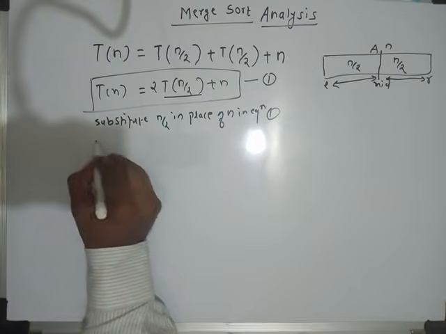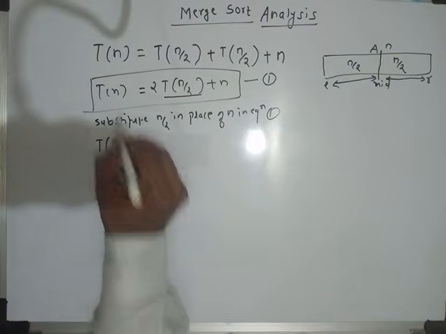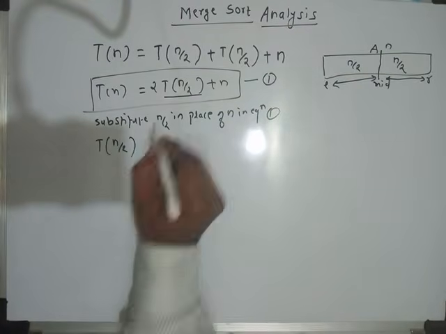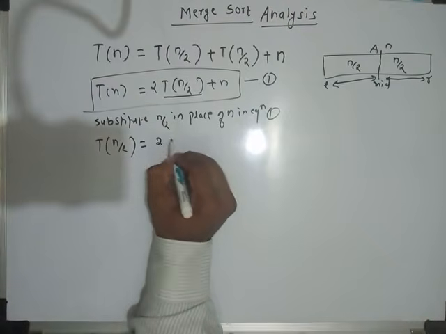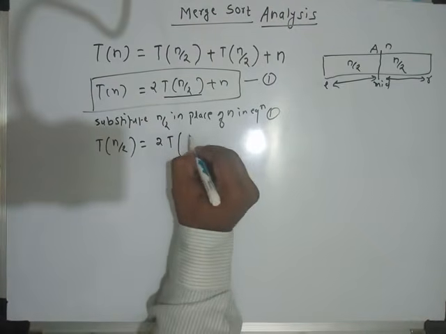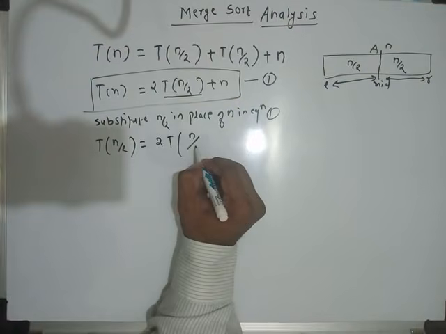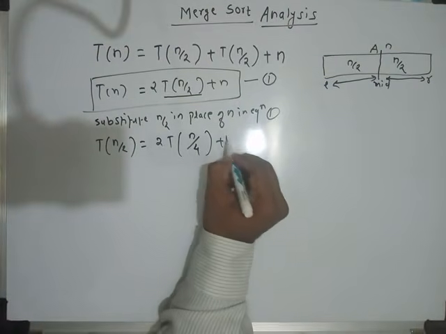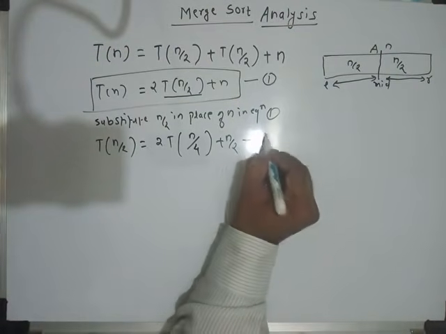Equation 1 becomes t of n by 2 equals twice t of n by 4 plus n by 2, since we are substituting n by 2 everywhere in place of n. So that's equation 2.